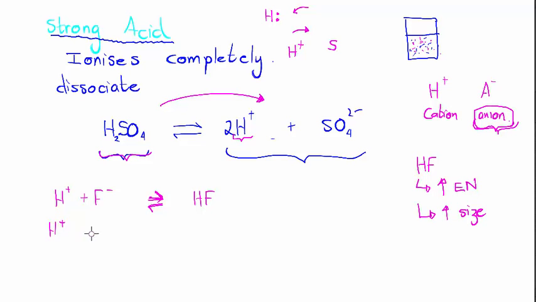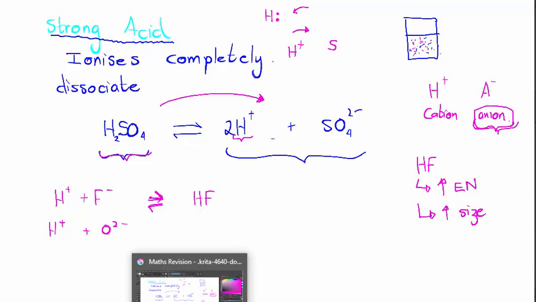Now we're looking at water, H and O. So how do we know what this charge up here is? How do I know this is O to the power of 2 negative?